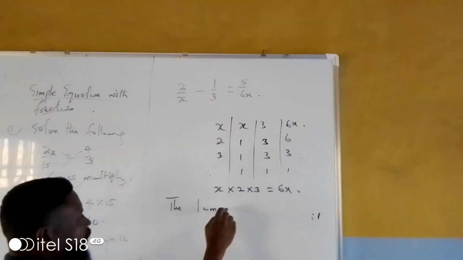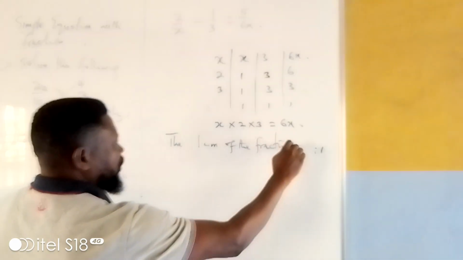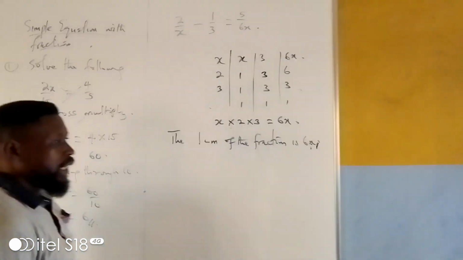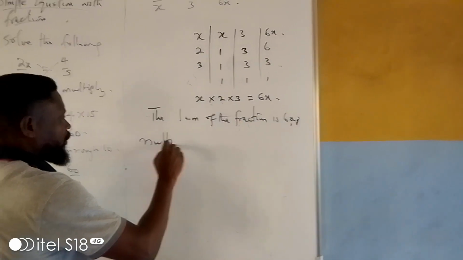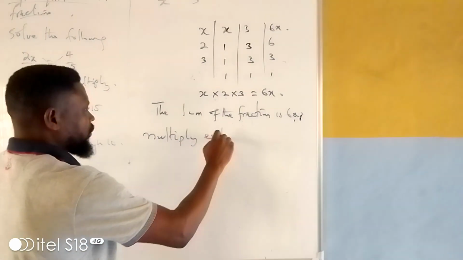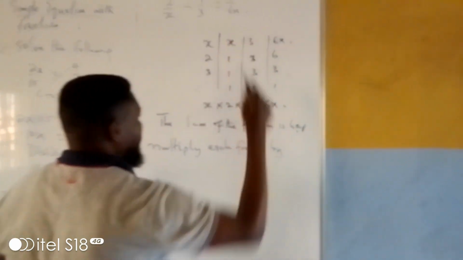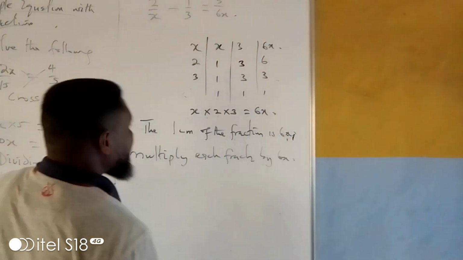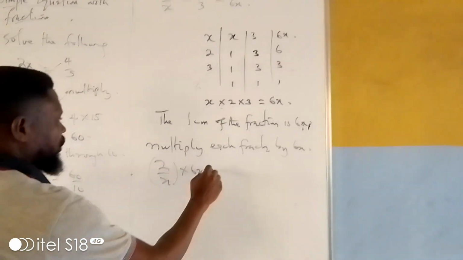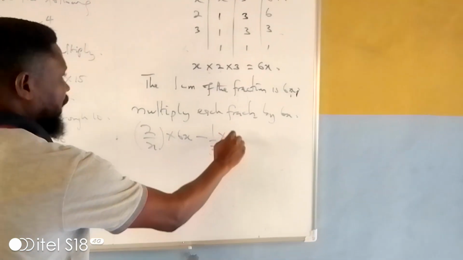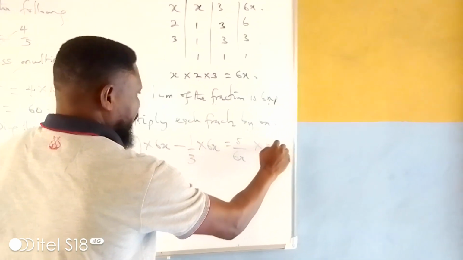In that case, we are multiplying each fraction by this LCM, by 6x. So you are multiplying 2 over x by 6x. You multiply 1 over 3 by 6x. You also multiply 5 over 6x times 6x.